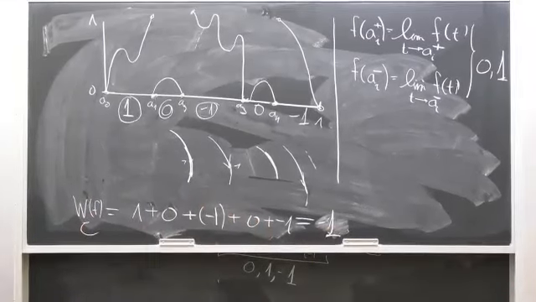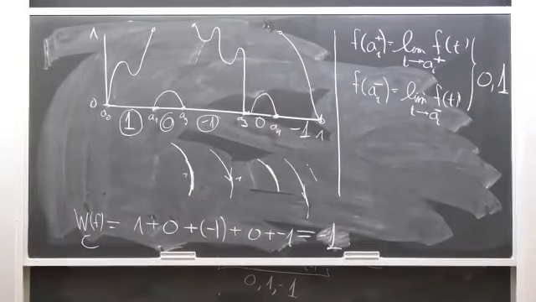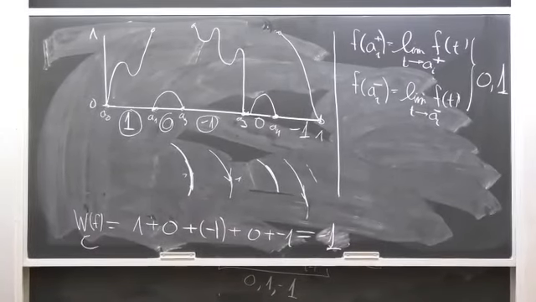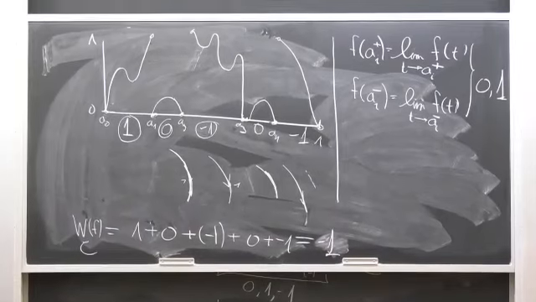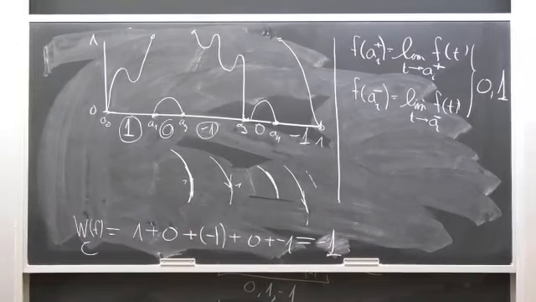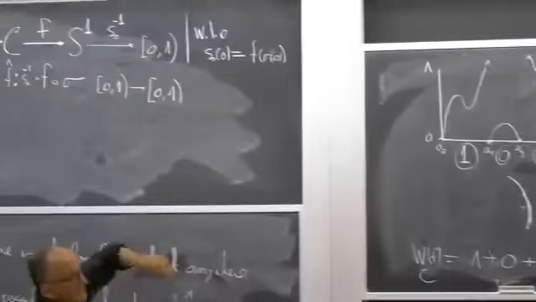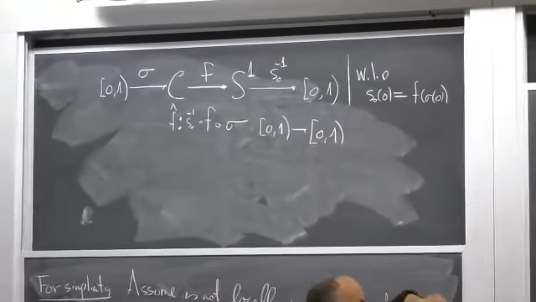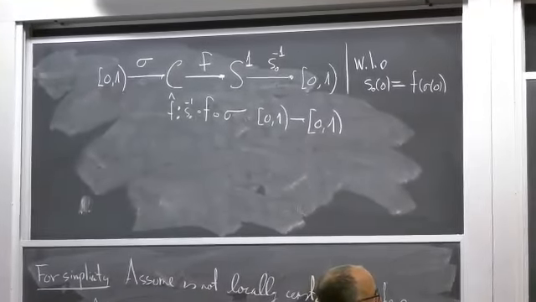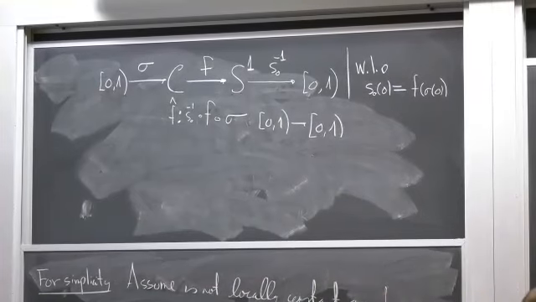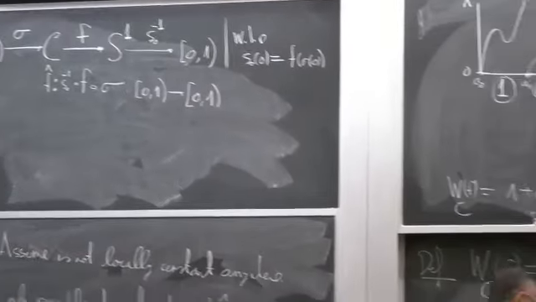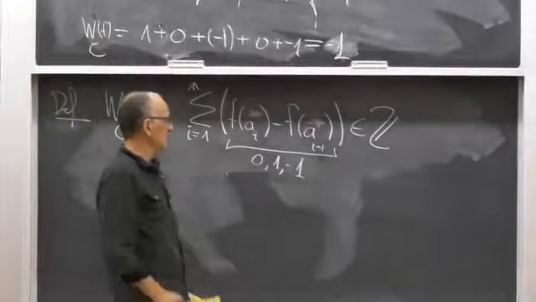Which means that altogether we did one turnaround clockwise, as t moved from 0 to 1. We did one turn clockwise on S1. That's it. So this is the definition of winding number.